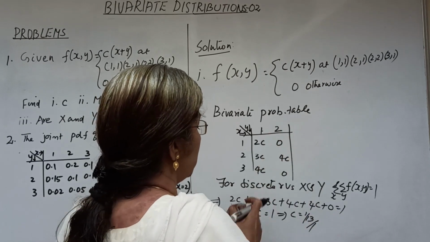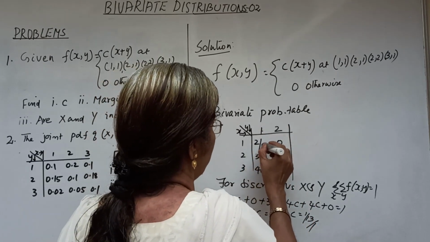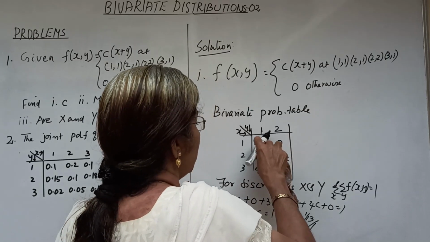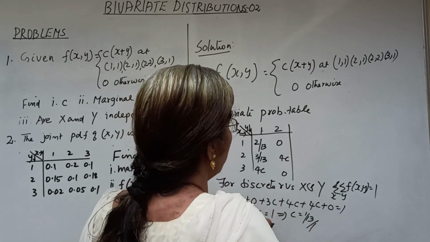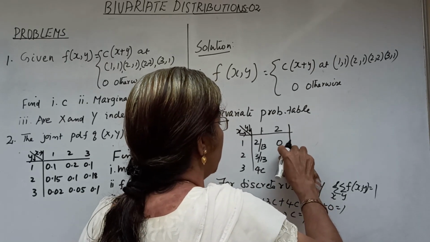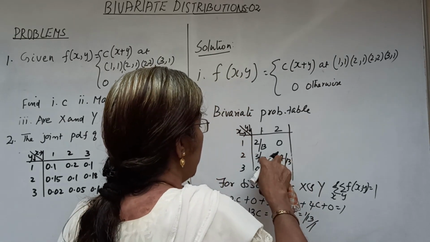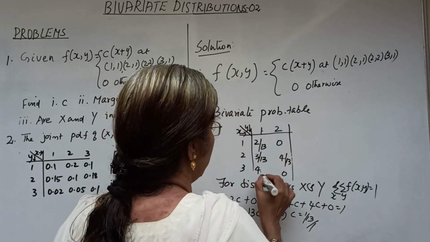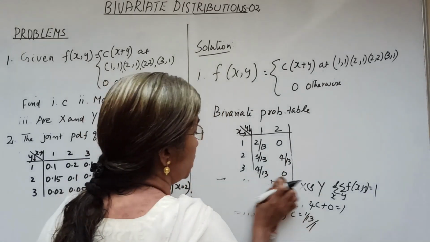So this table takes the form 2c means 2 by 13, 3c means 3 by 13, 3 by 13, 4c means 4 by 13, and again 4c means 4 by 13. That is the given bivariate table.